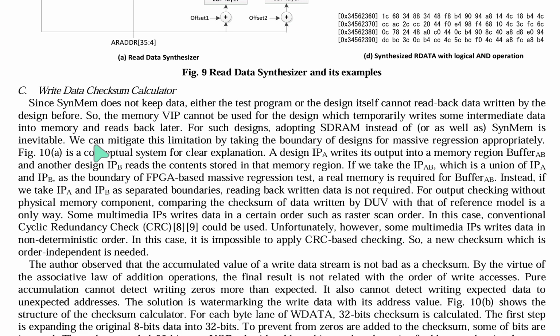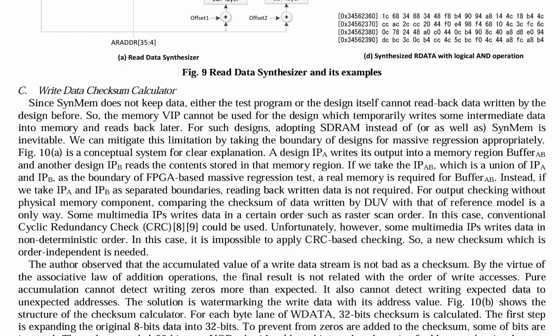We can mitigate this limitation by taking the boundary of the design for massive regression appropriately. Figure 10a is a conceptual system for clear explanation. A design IPA writes its output into a memory region, buffer AB, and another design IPB reads the content stored in the memory region.